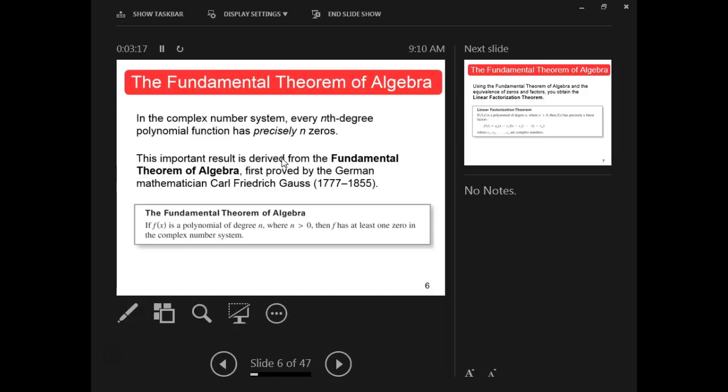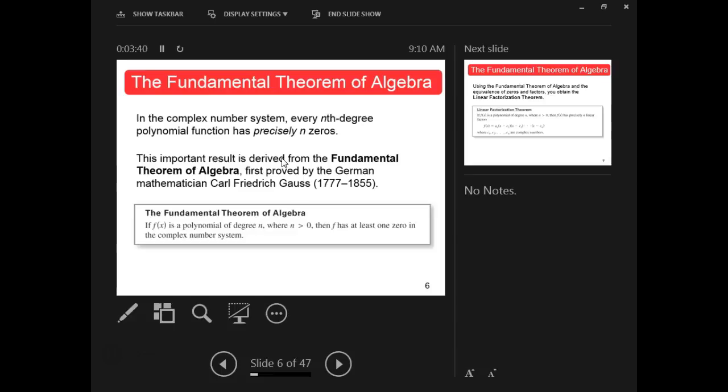The fundamental theorem of algebra says if f of x is a polynomial function of degree n, as long as n is greater than 0, then f has at least one zero in the complex number system. That is really understating what it said here, isn't it? This says you have precisely n zeros.